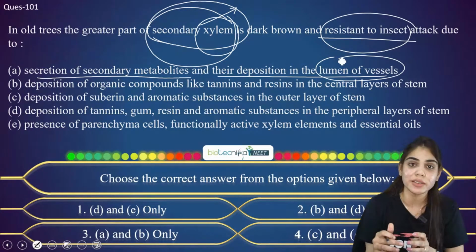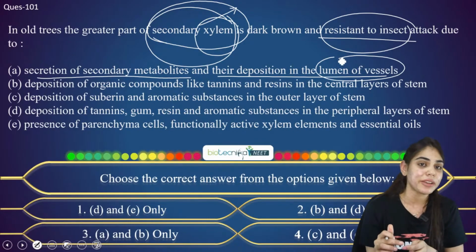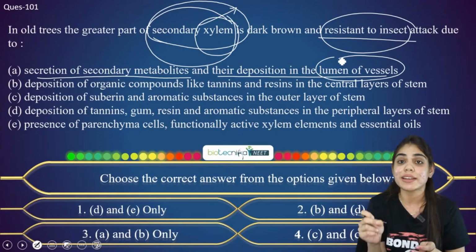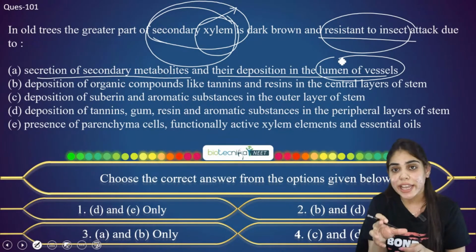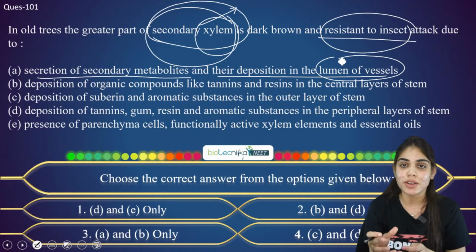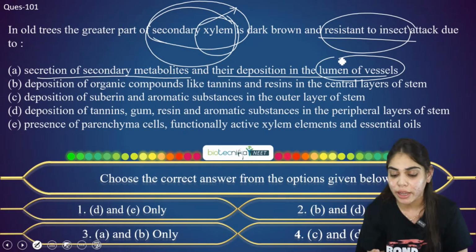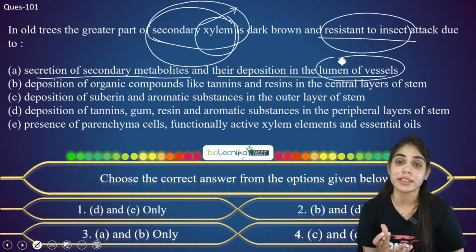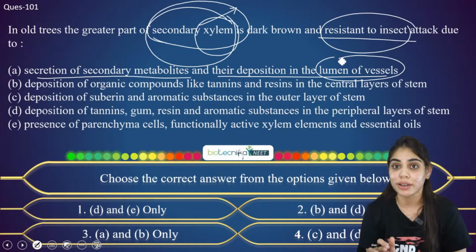There are basically 3 layers of the stem: the peripheral layer, the innermost layer, and in between the outer and inner layers, a central part. This accumulation of aromatic compounds, secondary metabolites or organic compounds takes place in the central layers of the stem as well as the innermost, but not in the outer layer of the stem.